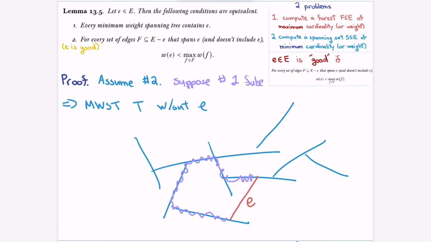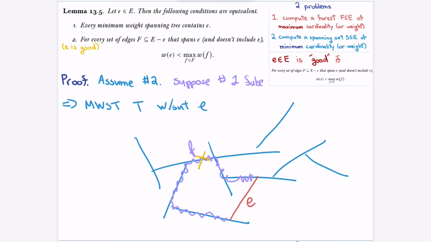And since E is good, one of these edges, F, must have bigger weight because E is good. And if we delete this edge and we add E back in, we'll get the same number of connected components again, and we'll get a tree of smaller weight.